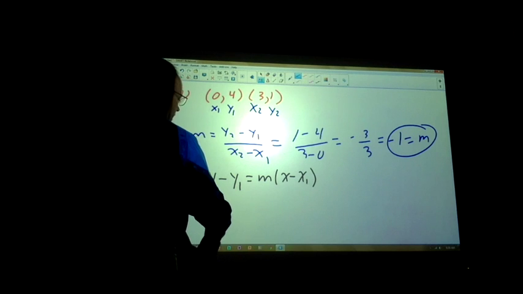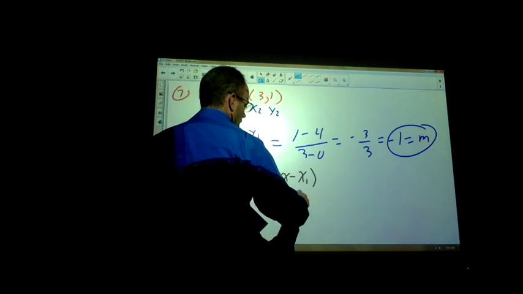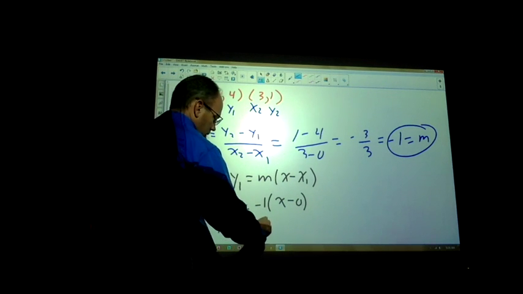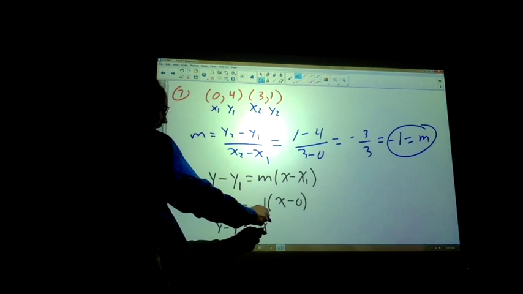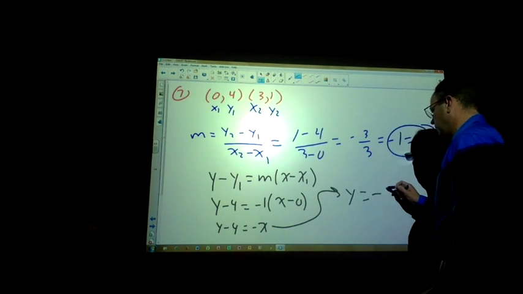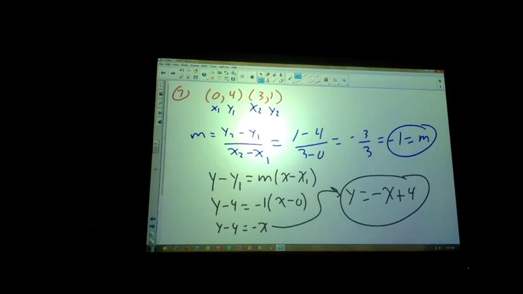So I'm going to go y minus 4 equals m, which is negative 1, times x minus 0. Distribute that. Negative x, or negative 1x. Add 4. So my equation of y equals mx plus b is this. Okay.